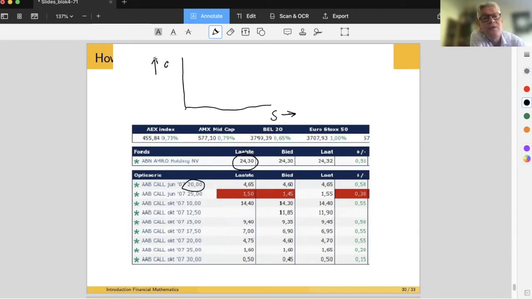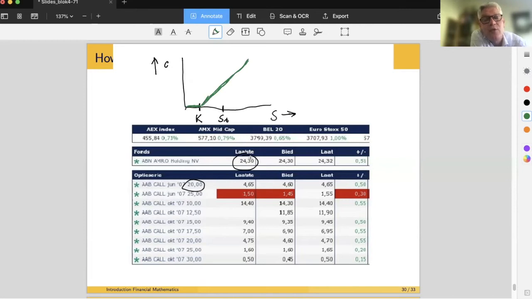This is the call option. And then we have S0 at 24.3, and we have a strike of 20. So the strike K is 20 here. So we have an option construction where the payoff looks like this.